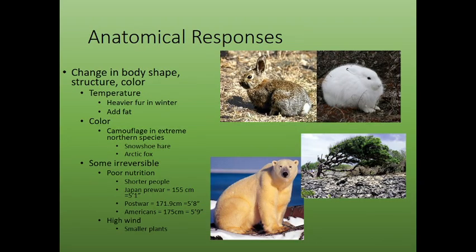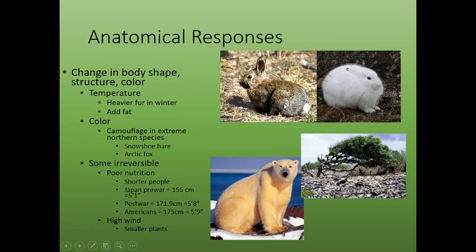Now, a little bit different is an anatomical response. This is a change in outward appearance. All the physiological things were maybe internal; anatomical then is external. It might be a change in body shape, structure, color, or whatever, right? These two bunnies are actually the same species. It's a snowshoe hare in the summer and then in the winter.